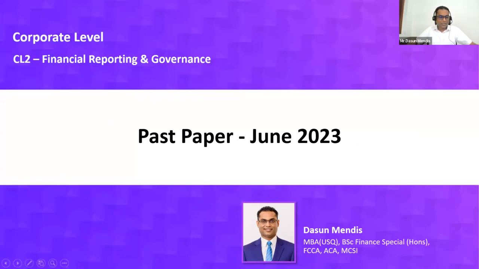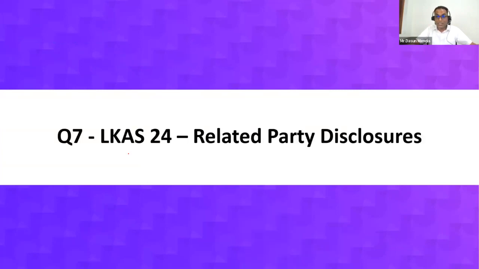This is the relevant tutorial. This particular tutorial I have not yet shared with you. This is part 2 of the tutorial. The first part of the tutorial, that is the answers for the first 5 questions, I have already shared with CS Sri Lanka. They would have shared with you. If not, you can actually get it from CS Sri Lanka. This is the second tutorial which I have not yet shared. I will share that in due course, right?